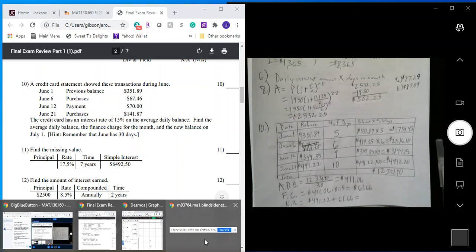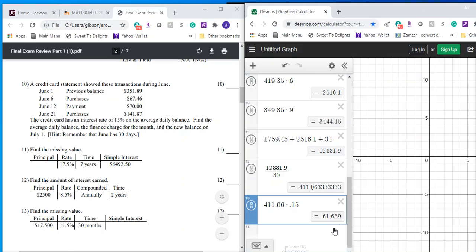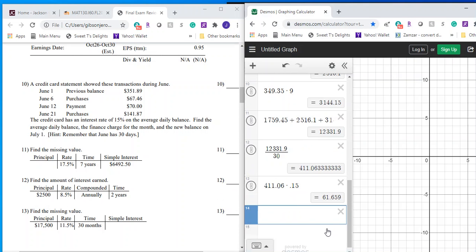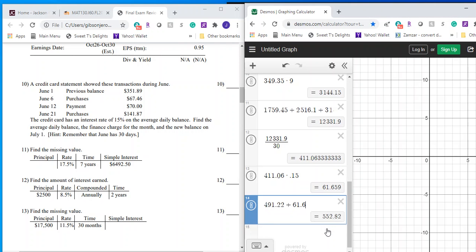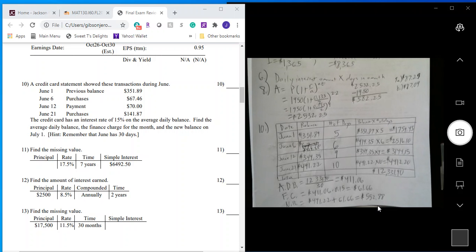So we'll put that in our calculator. $491.22 plus the $61.66 would give us $552.88. And that will be our final answer for that problem. So now we completed problem number 10.